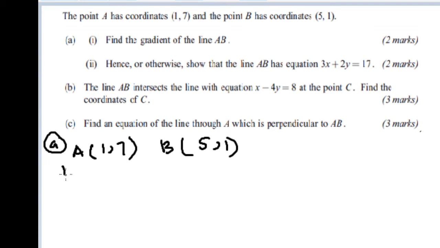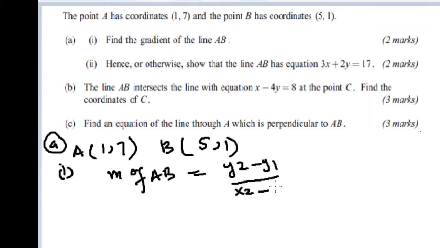First part, gradient of the line AB, M of AB. What is the formula for this? The formula is y2 minus y1 over x2 minus x1, or y1 minus y2 over x1 minus x2.